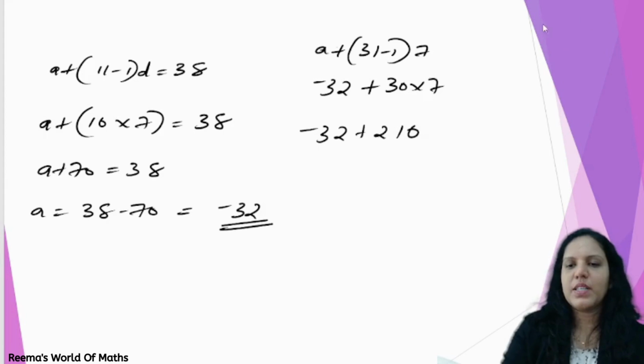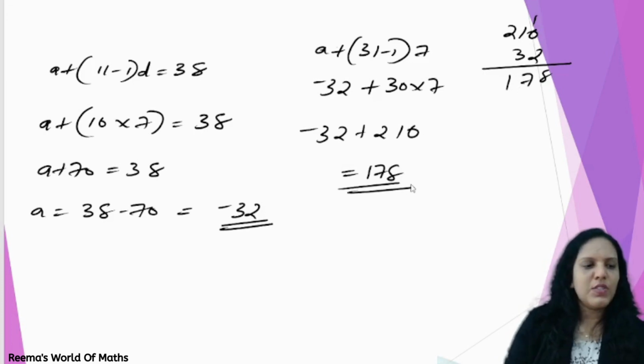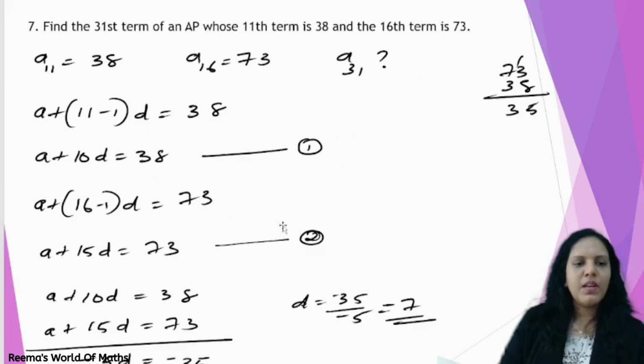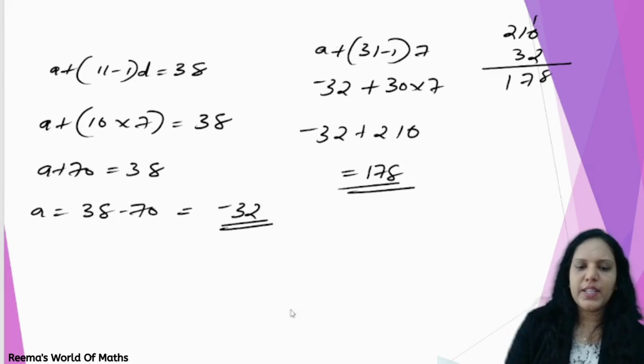So that is 210 minus 32, which equals 178. We were asked to find the 31st term, so the 31st term will be 178. So A31 equals 178.